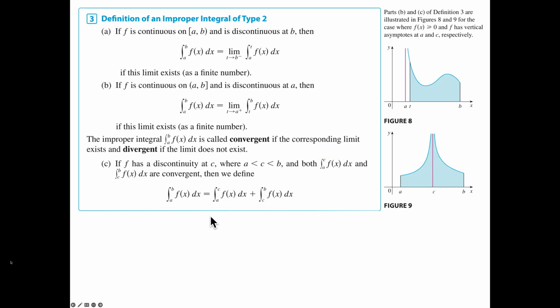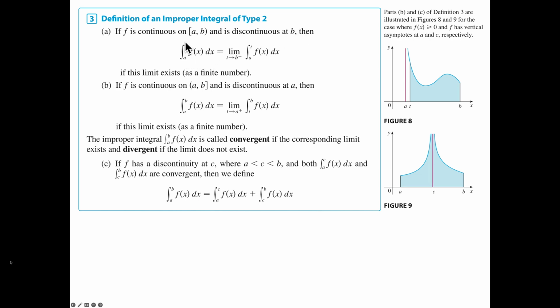All right, so now we're going to look at our type 2 improper integral. This one's a little bit different. So here, if f is continuous on, it's not closed. B is open. Okay, so it's open because B, it says, is discontinuous. Okay, well, that makes sense.